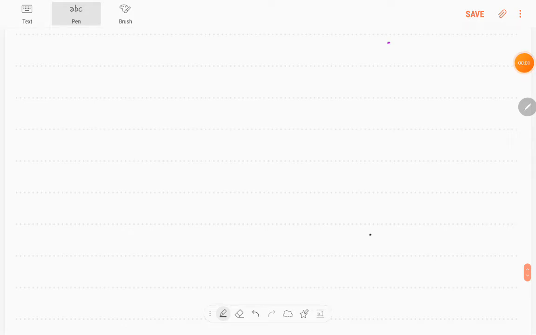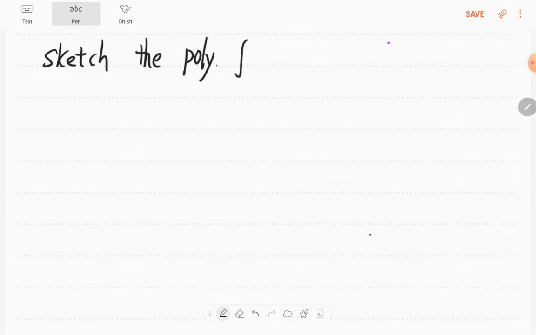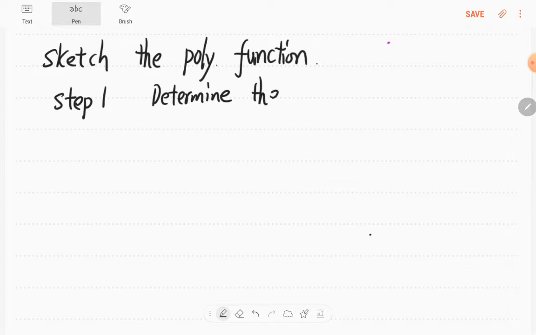Let me summarize how to sketch a polynomial function. In general, the first step would be to determine the end behavior.